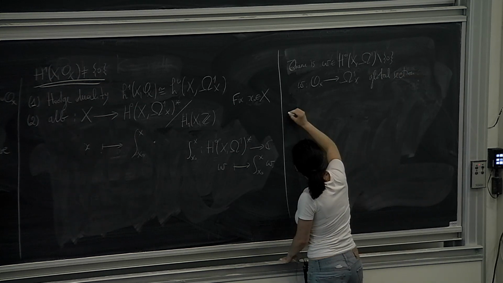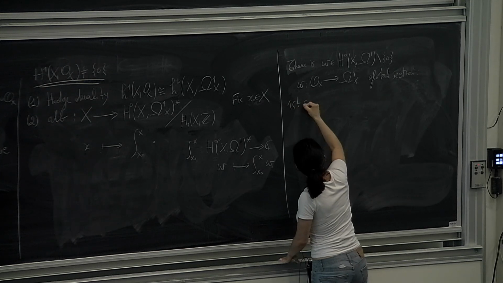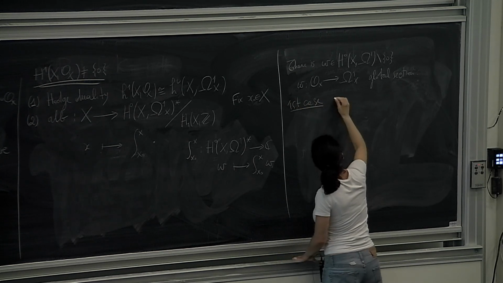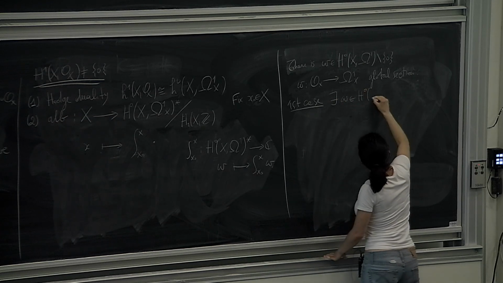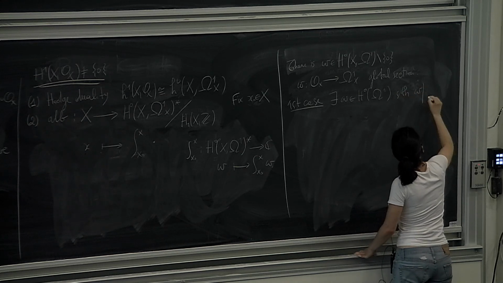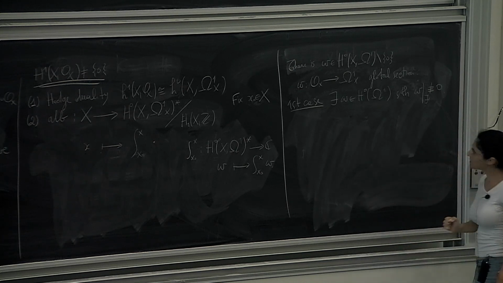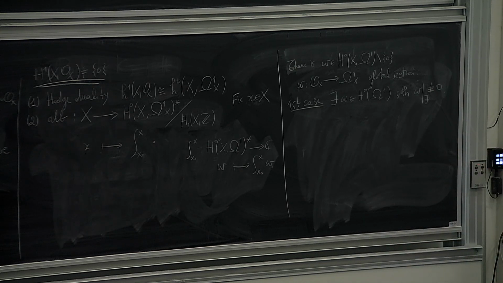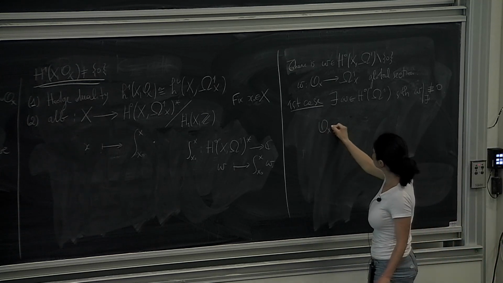And again, so first case, assume that there is such omega such that the restriction of omega to F is not identically 0. So we consider omega.